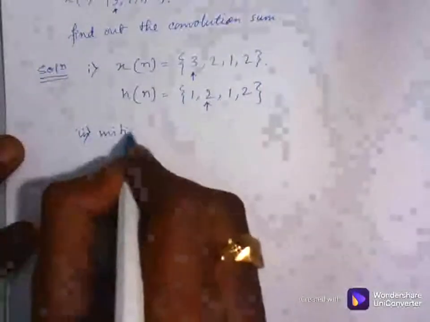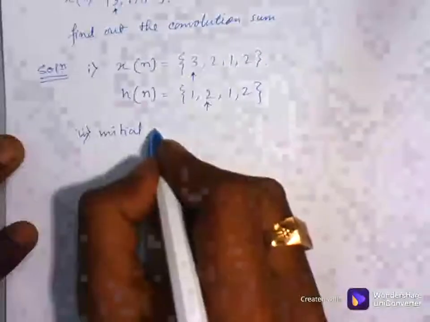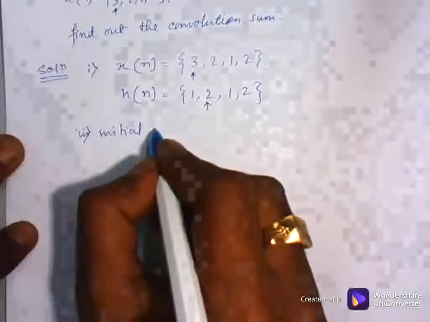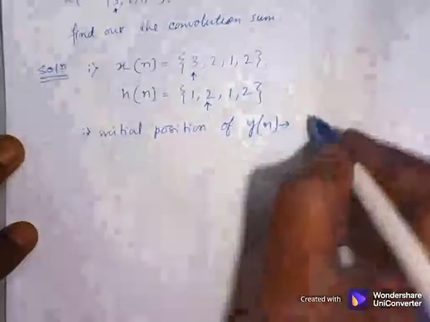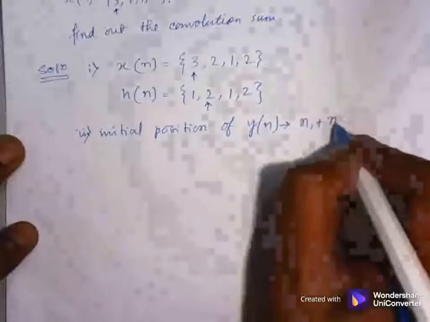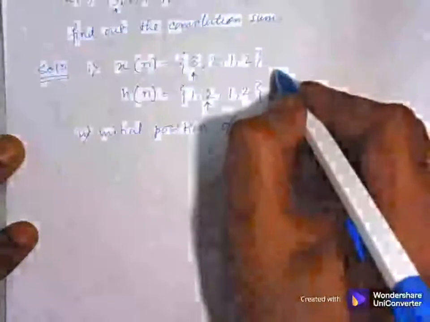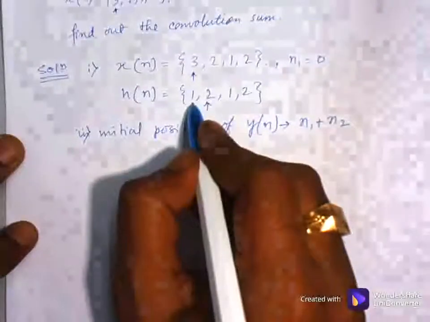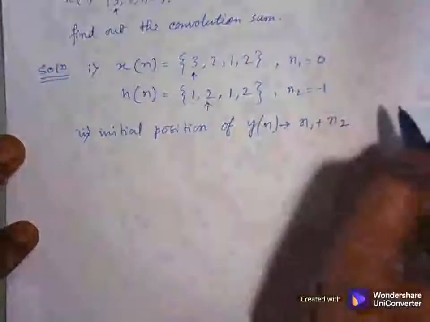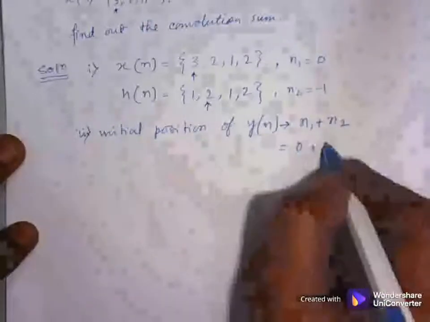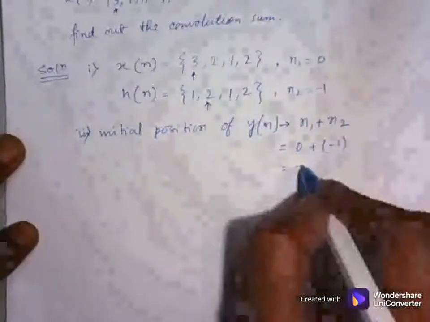Step 2: the initial position of y of n will be n1 plus n2, where n1 equal to 0 and n2 equal to -1. So the initial position of y of n is 0 plus -1, that is -1.